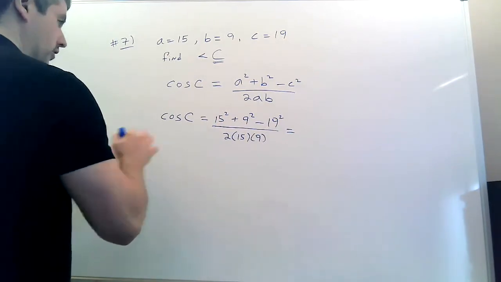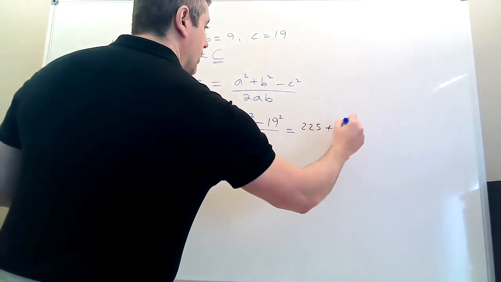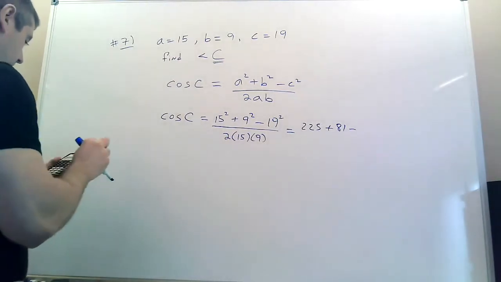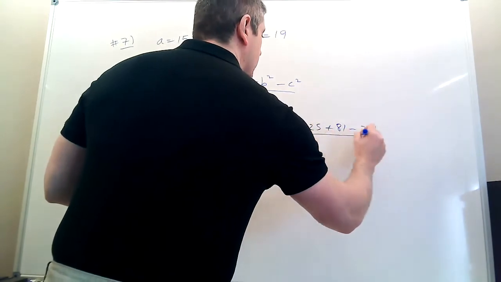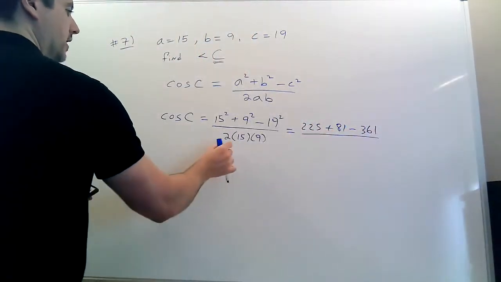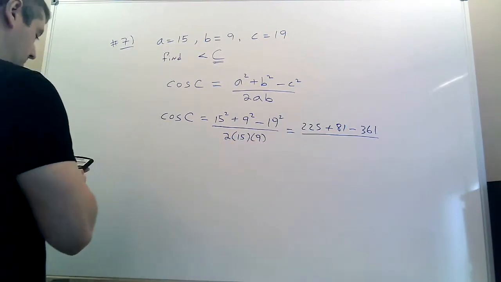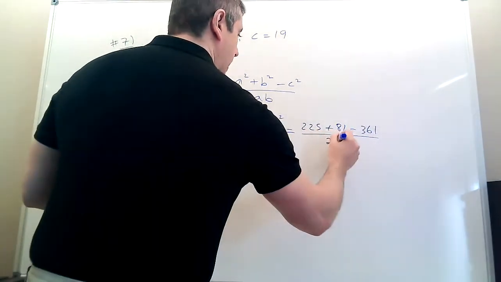I don't know. So I'm going to get 225 plus 81 minus 19 times 19. Oh, 361. All right. And let's see. 30 times 9, 270. I make sure. Half the time I do it wrong.